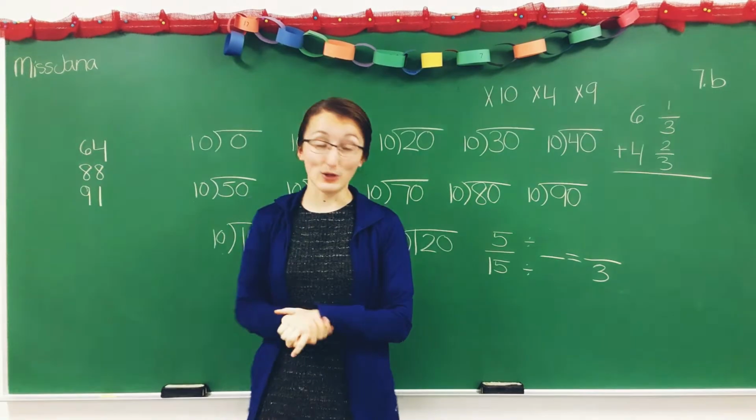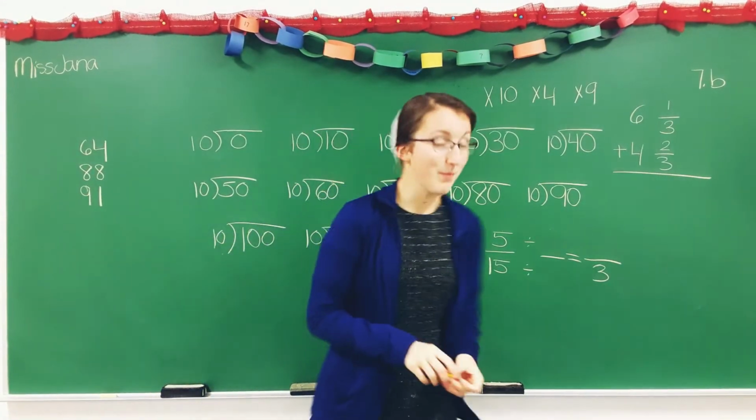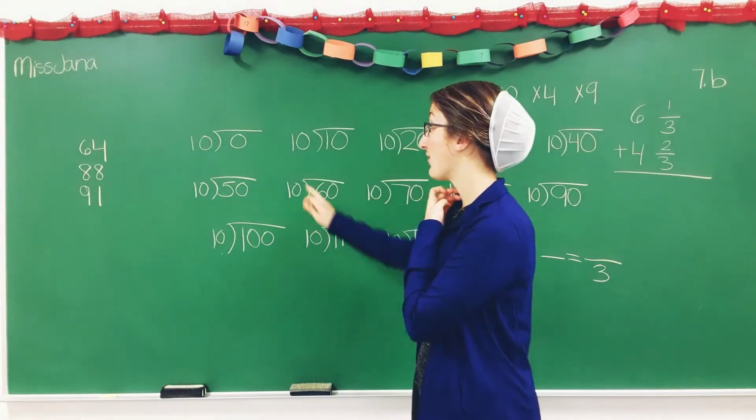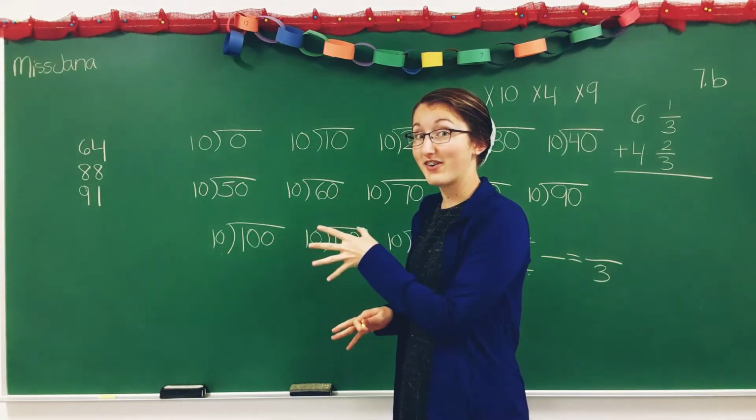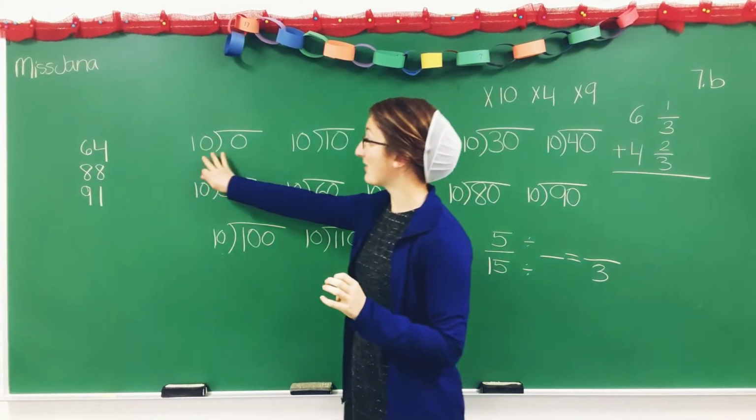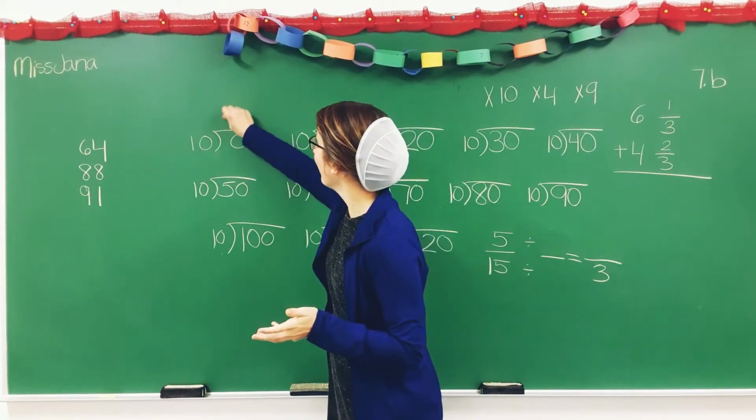So today we're going to do fact division for tens. So you know all the facts, so we're just going to go through them. So 0 divided by 10 is 0.